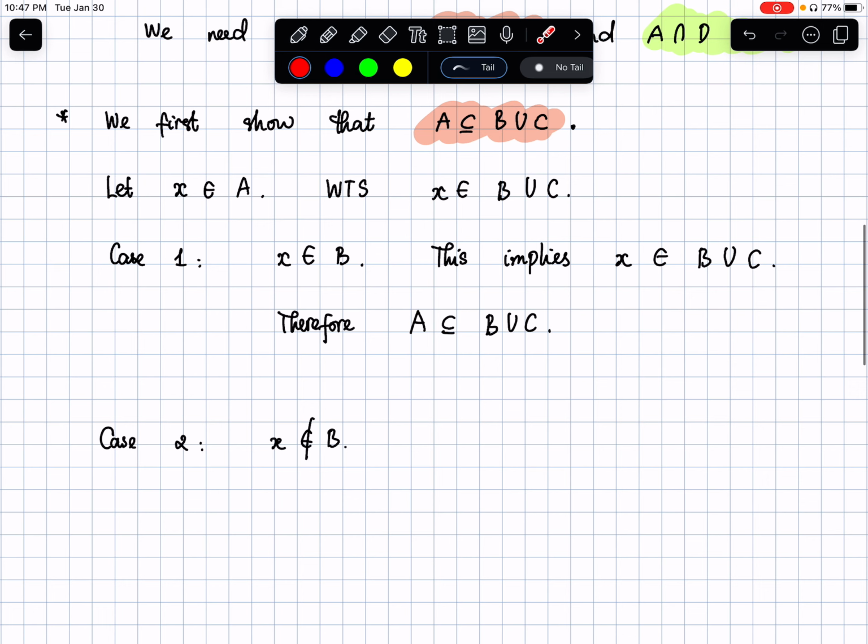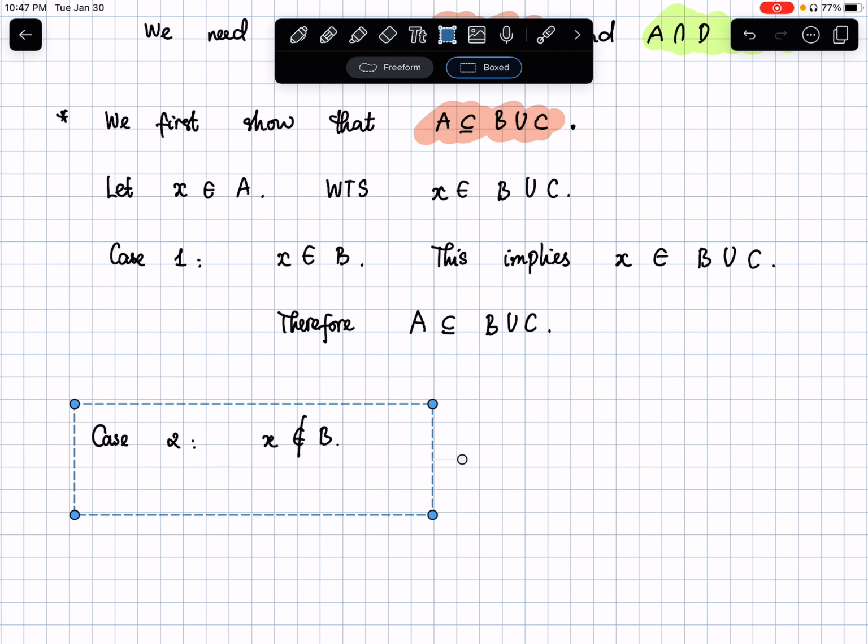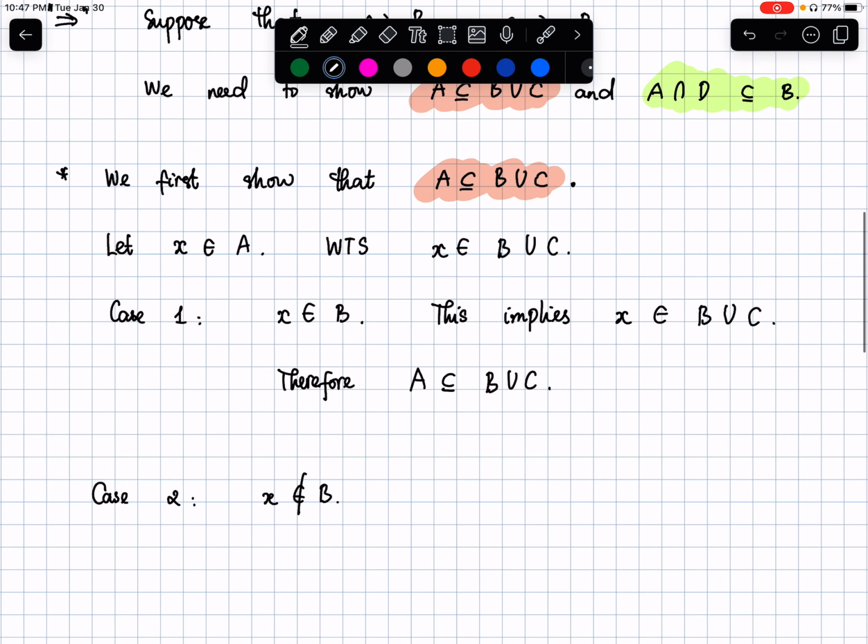Case 2, X not in B. What does this mean?